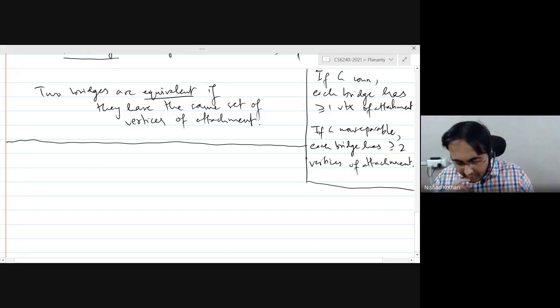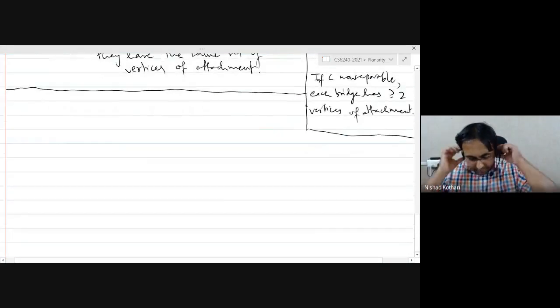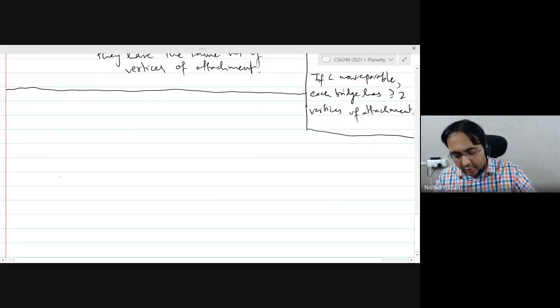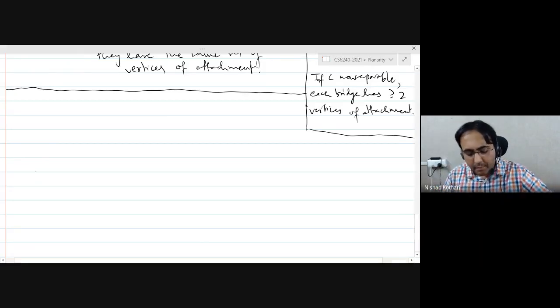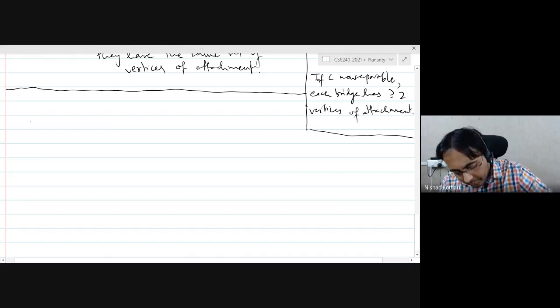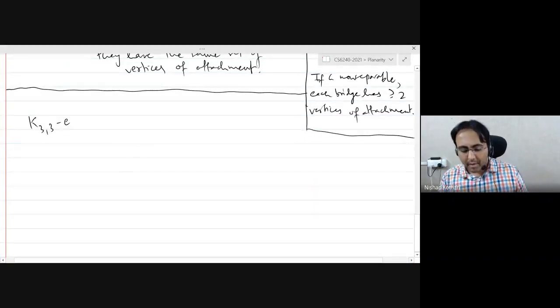Okay, so let's go back to our argument for why K5 is non-planar. Or let me, for a change, do K3,3. So let's look at K3,3 minus one edge.